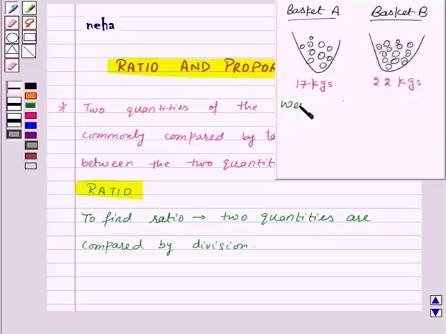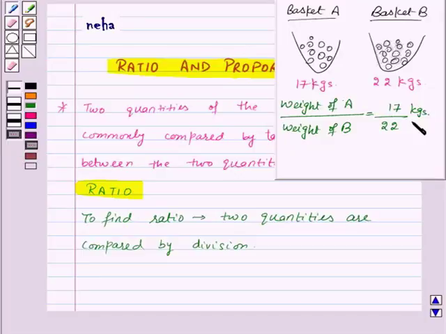So, weight of basket A upon weight of basket B is equal to 17 kgs upon 22 kgs. That means the ratio of weight of basket A to weight of basket B is equal to 17 is to 22.